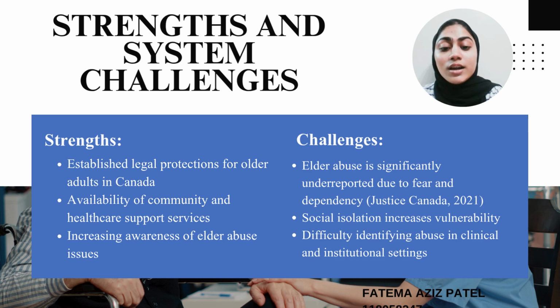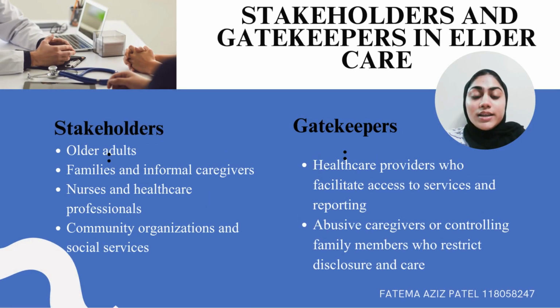Overall, while there are strong systems in place to support the elder abuse, these challenges highlight the need for improved awareness, early detection, and supportive intervention. On this slide, we are looking at the key stakeholders and gatekeepers involved in elder care. First, stakeholders are individuals or groups who are directly involved in or affected by elder care.